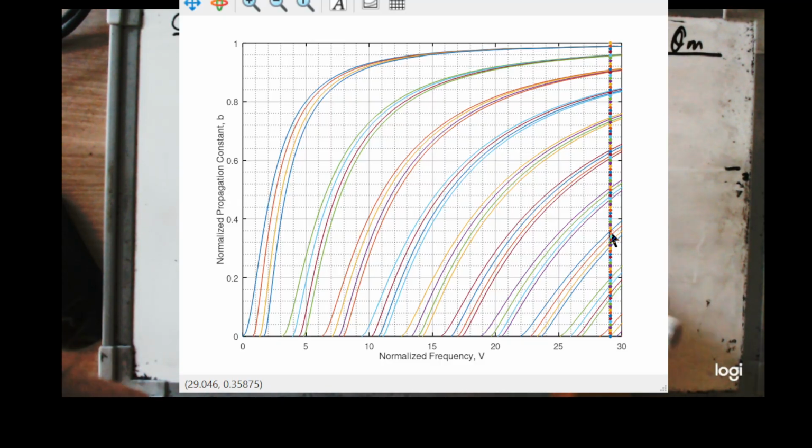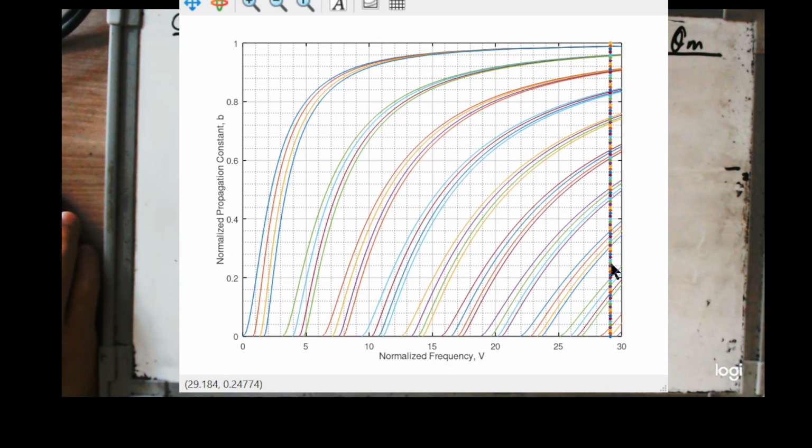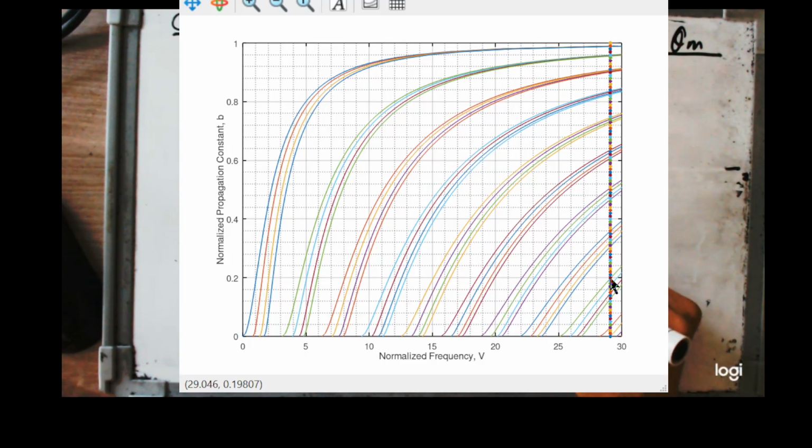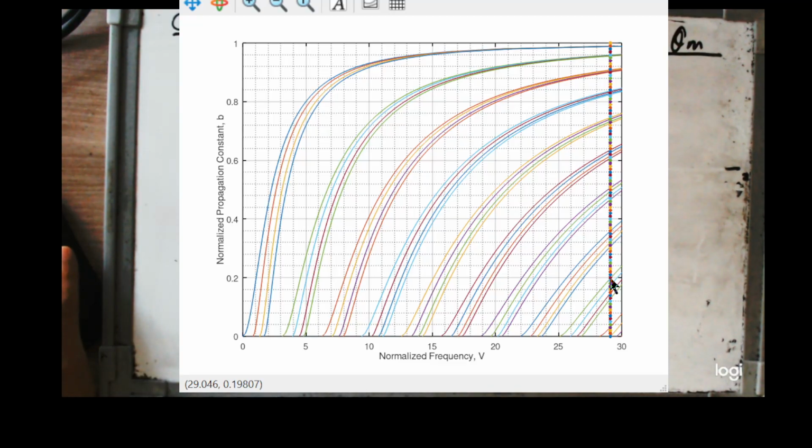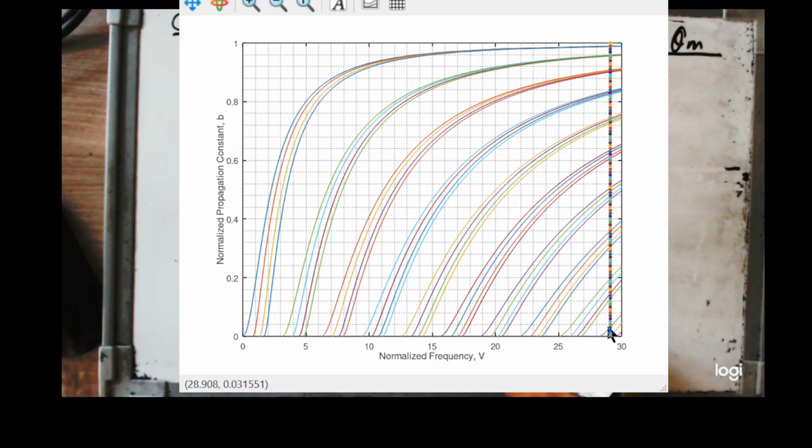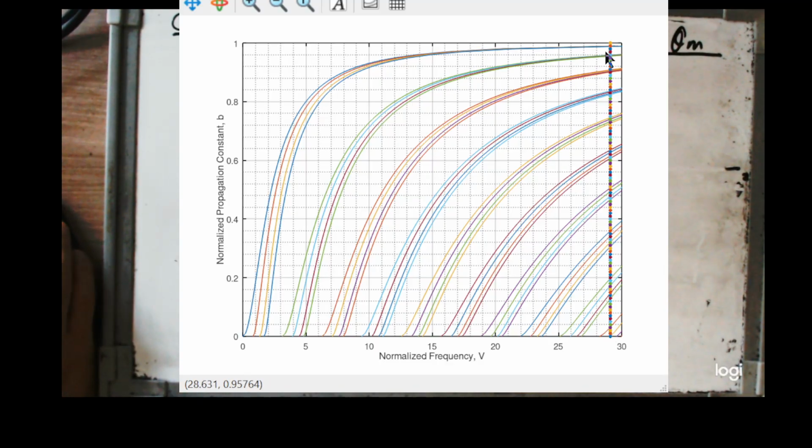And for this value, 0.198. So mode 8, 0.198. And finally, this one here, 0.031. So altogether, you have 10 modes. The largest mode is mode 9.